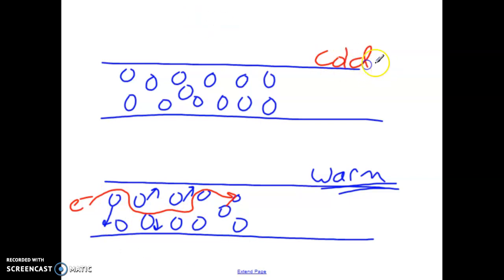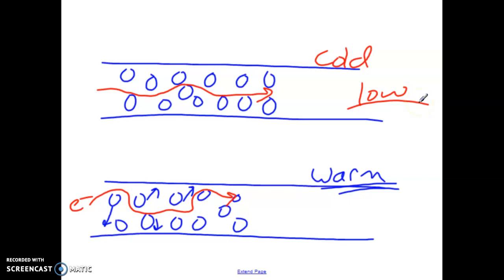If you have a colder wire, these particles are not moving around as much, so the electrons won't be blocked as much, right? Of course, there are still going to be particles moving, but not as much. So colder wires allow electrons to travel a lot easier.